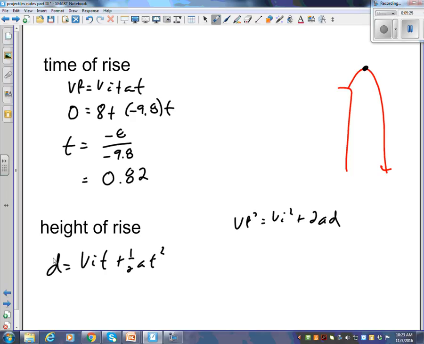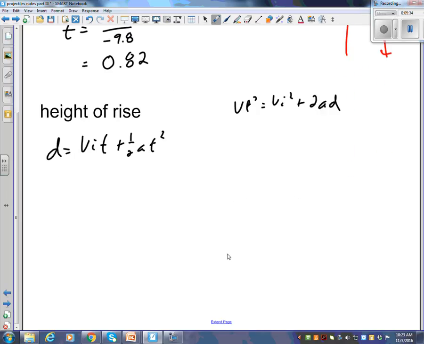People like this one because it gives you the d value, but if you don't have to figure out the time, then this one will work just as well. This is going to be 8 times 0.82 plus 1/2 of minus 9.8 times 0.82 squared.